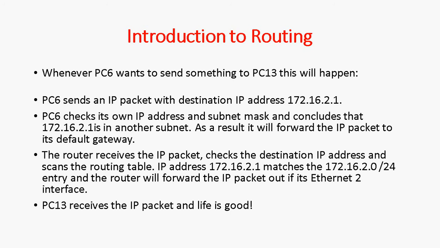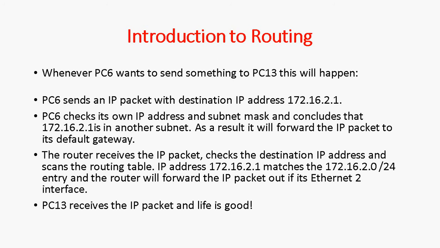PC13 will receive the IP packet and everything is good. So switches are not scalable, and it's not possible to use switches everywhere. So we can use a router. A router has to learn only one entry, and in our example it is easy to communicate between all 200 PCs.